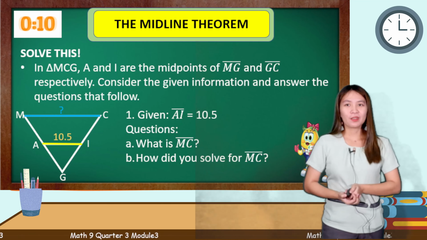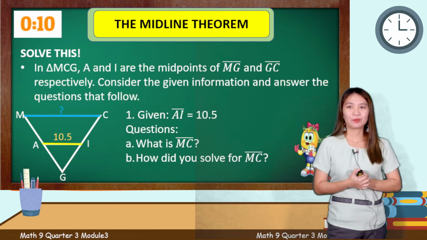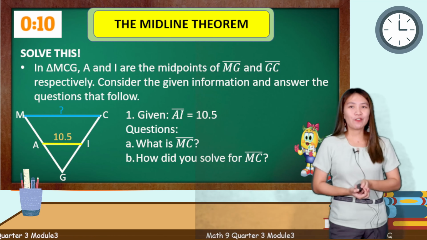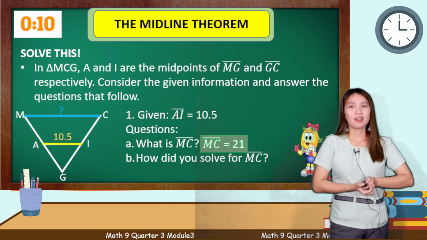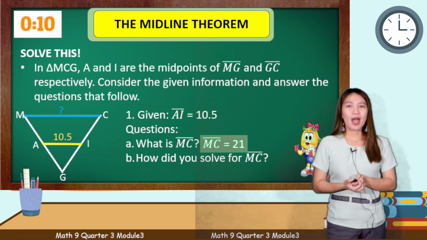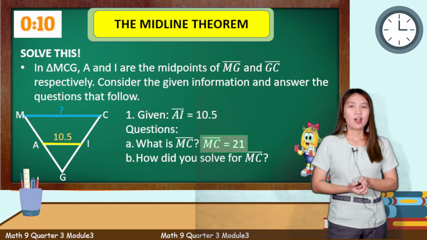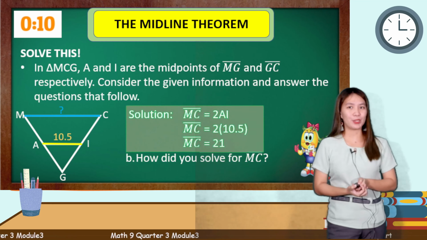Time's up. What is your answer? So the measure of MC is 21. Very good. So how did you solve for MC? Are your solutions the same as this one?